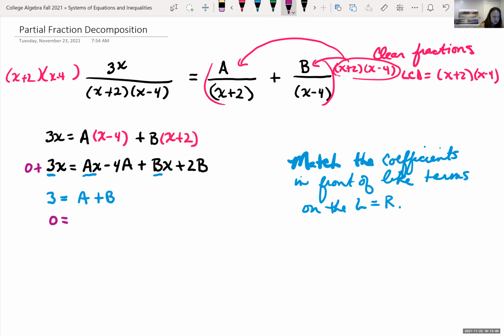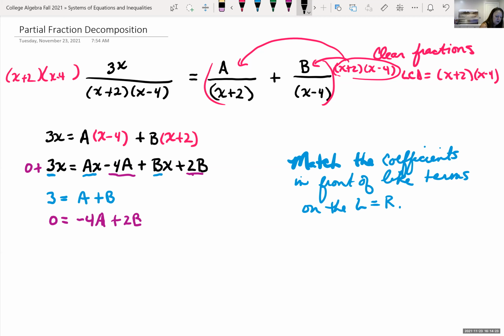This is equal to the coefficients in front of our capital letters A and B. So this would be negative 4a plus 2b. If we sum negative 4a plus 2b, we must get back the constant 0.